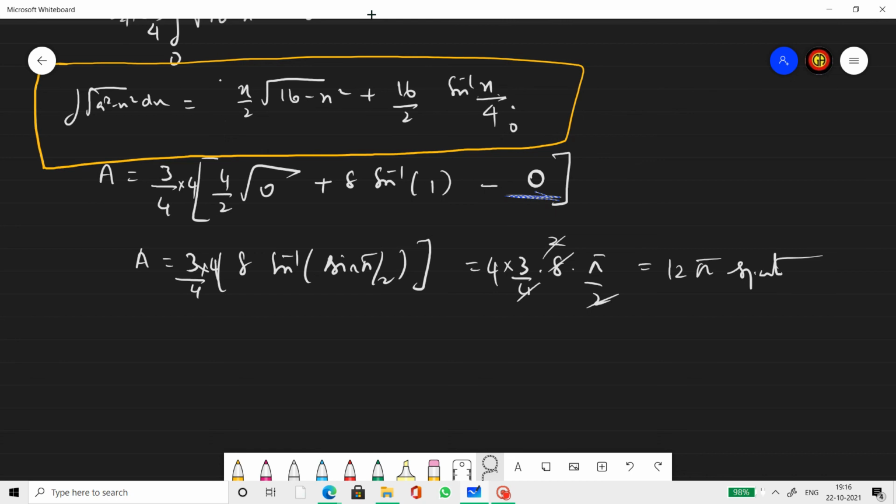The lower limit will give you only 0, so it doesn't matter to show that. And this is basically the formula, so no need to write 16, it's in the formula form: a square minus x square, a square by 2 into sine inverse of x.